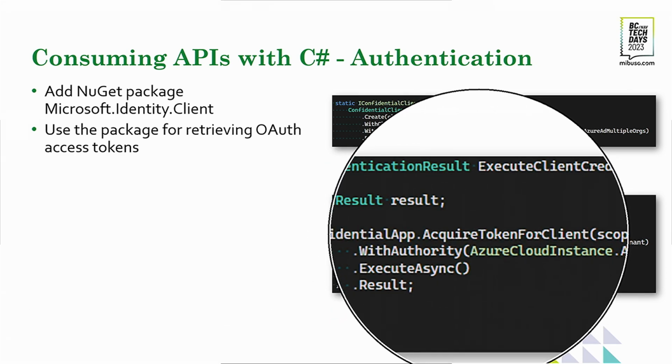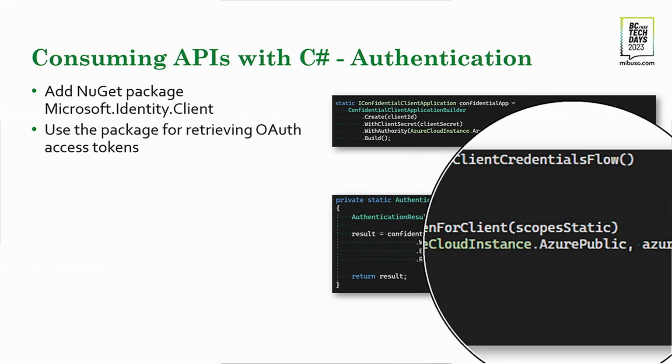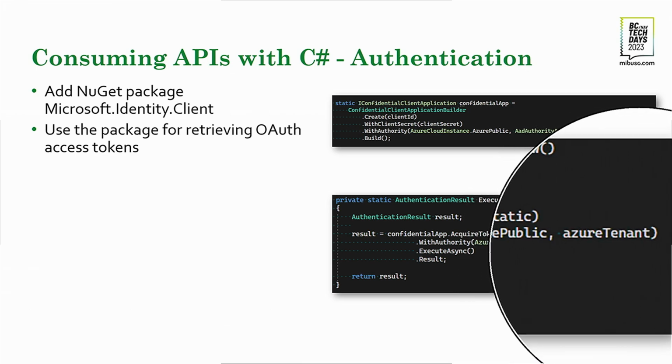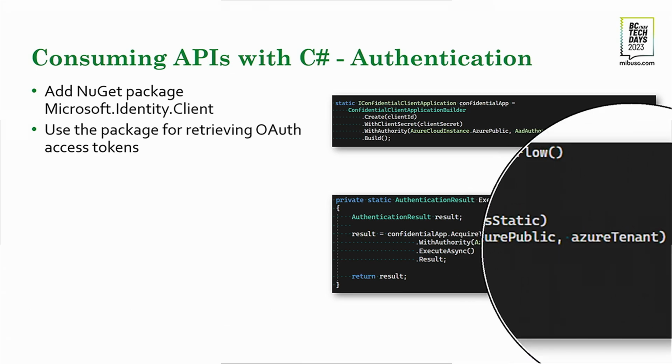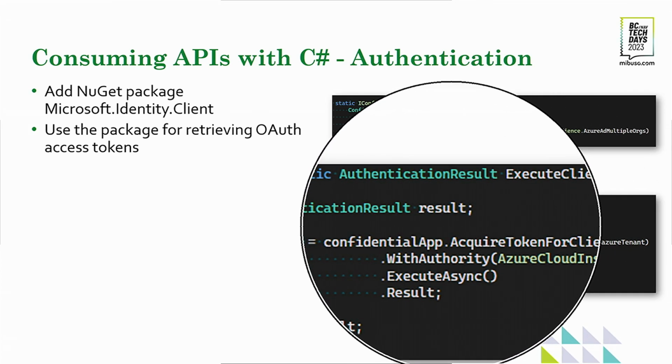That's actually the client credentials flow, which is the service-to-service authentication. You tell it the authority, which is quite important because you must specify a tenant ID. Otherwise, you will not get back a token. Execute, get back the result, and you have a token.